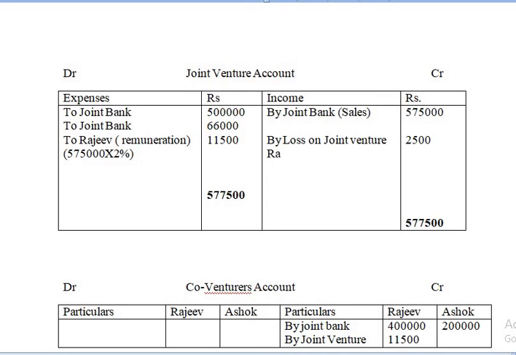Loss is distributed to Rajiv and Ashok in the ratio of their cash contribution. Their cash contribution ratio is 4 lakh and 2 lakh, that is 4:2. So 2,500 multiplied by 4 divided by 6 is 1,666. So 2,500 minus 1,666 is 834 rupees for Ashok.